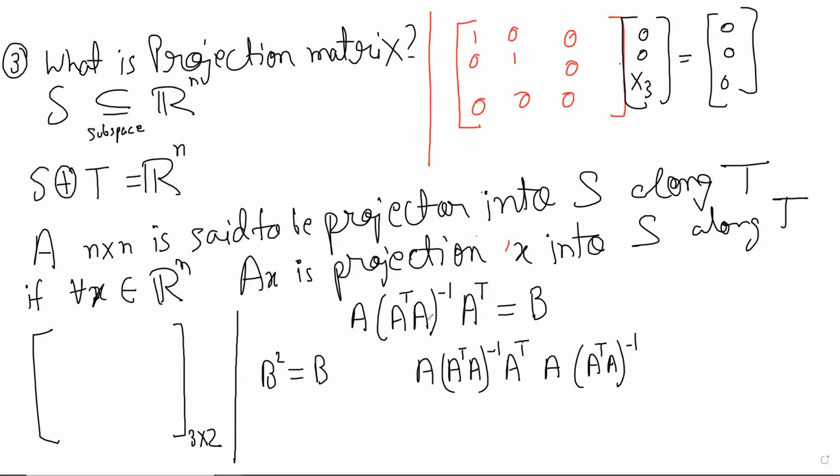He's taking any A and making a projection matrix out of A. So this is B square. Why is it B? Let's check it. This is just the identity. So it's just a check that B square equals B.